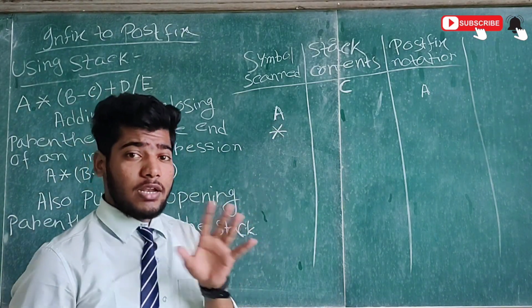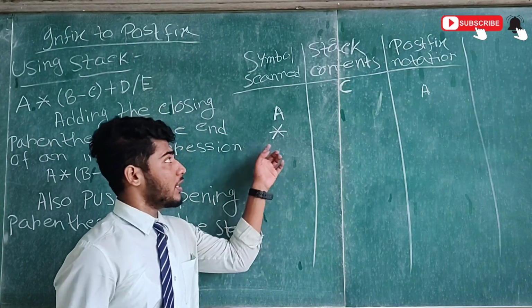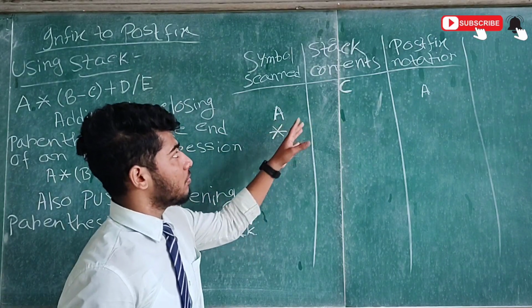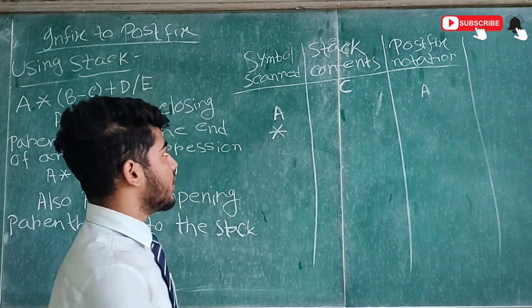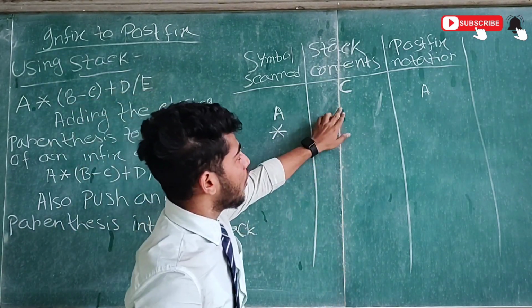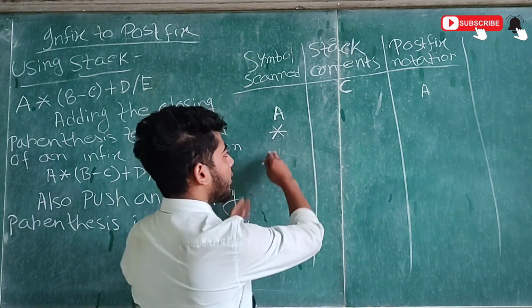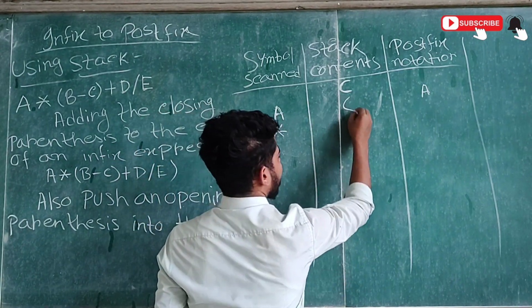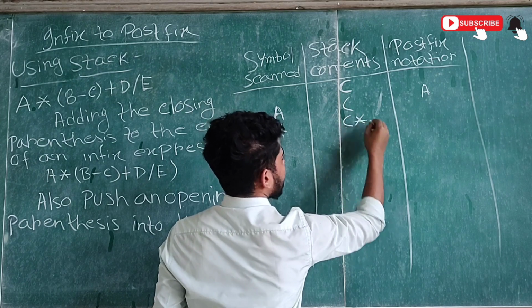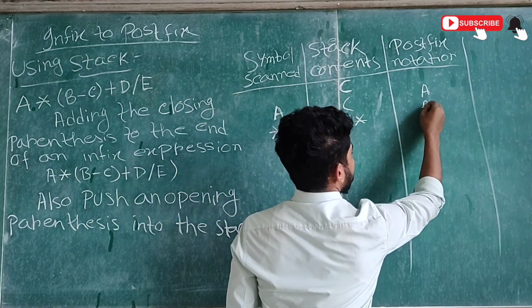If the symbol is an operator, check the precedence of the top operator from the stack with the scanned operator, but there is no operator present, so we directly add it to the stack. And postfix will be the same.